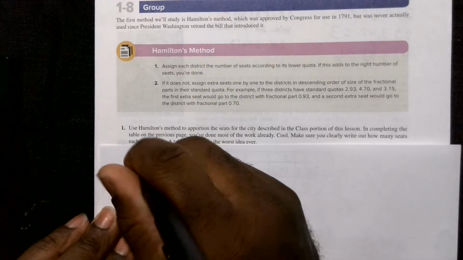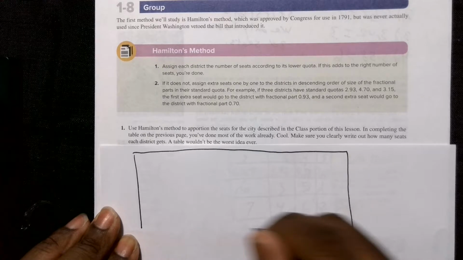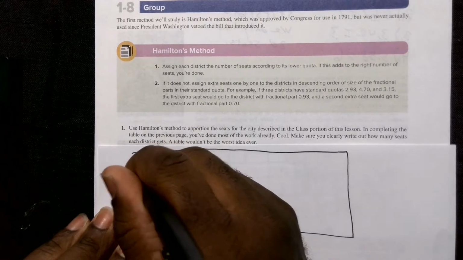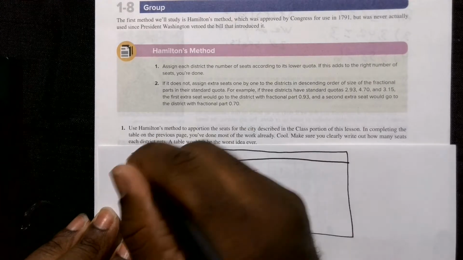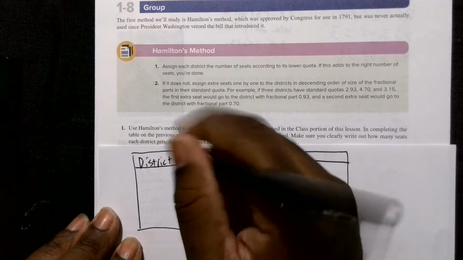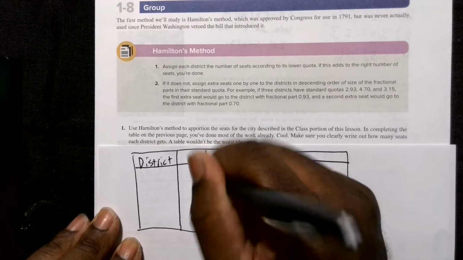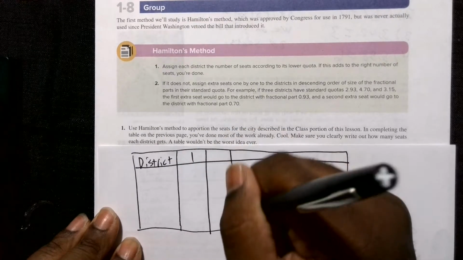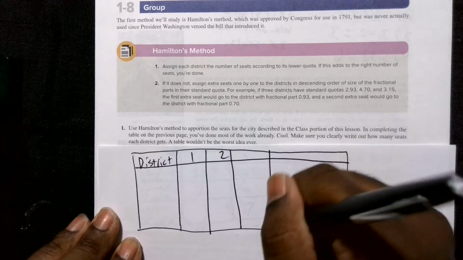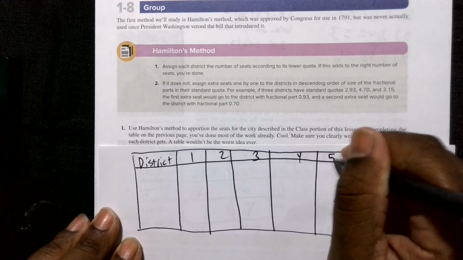So, in drawing that table, we will have our districts, and we can label them District 1, 2, 3, 4, and 5.